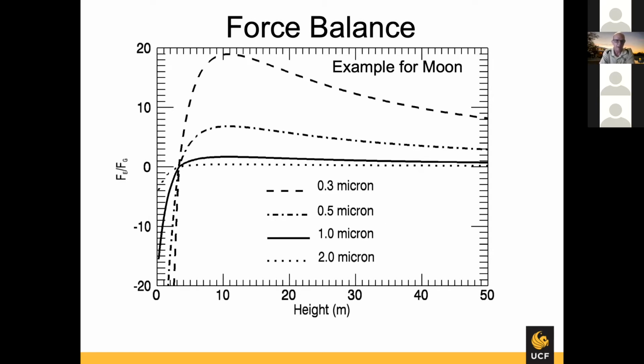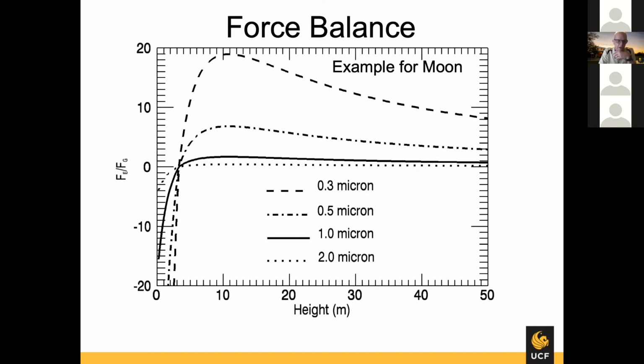And then you can say, all right, let me take a dust particle and place it above the lunar surface, in the case that's shown in this slide here, and let it come to charge equilibrium. So let the currents balance. I'm magically holding it at a particular height, and finding out the ratio of the electric force to the gravitational force experienced by that particle.